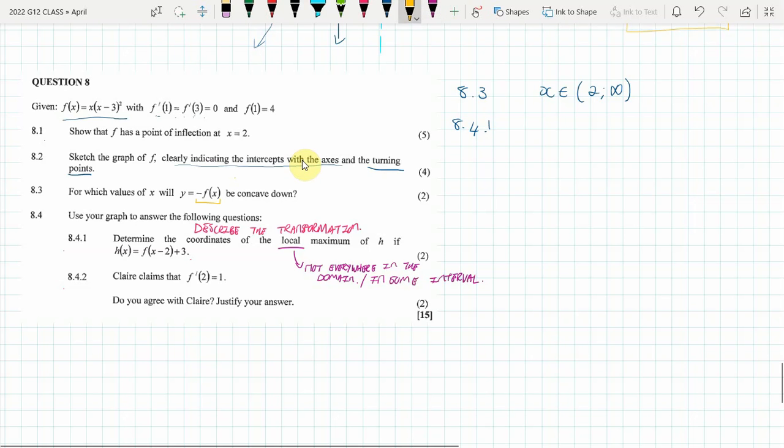So now, when we spoke about quadratic functions, they have one extreme point. It's either a maximum or a minimum. If it's concave down, it will have a maximum.